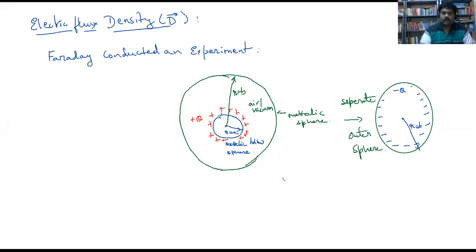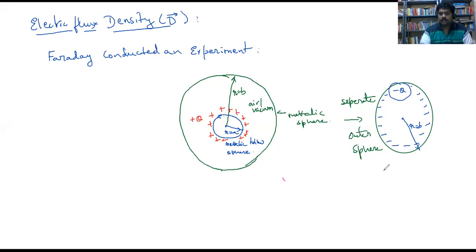Okay. So what happened? You have a plus q on the inner sphere. You introduce one more metallic sphere which is larger than the inner sphere, and take out the outer sphere separately. What you saw was a charge of minus q uniformly distributed across the inner surface of the outer sphere.